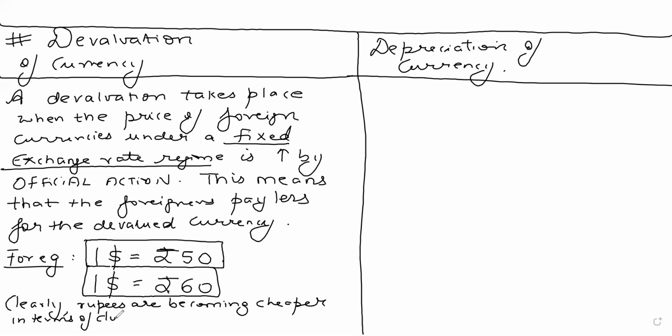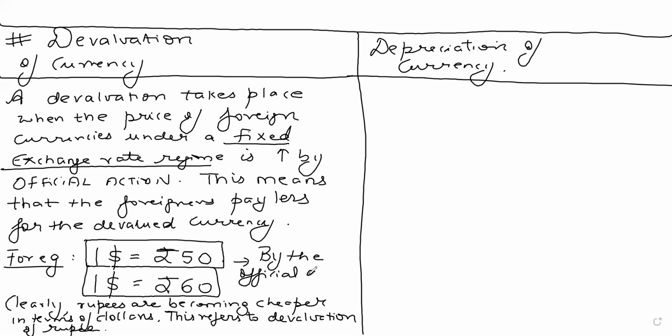So this refers to devaluation of the rupee. Which currency is getting devalued, guys? The rupee is getting devalued. And this is done by the official act of the government. That means the government is doing it intentionally.